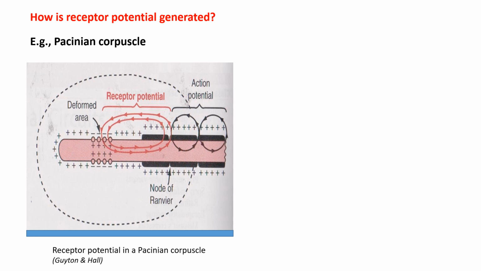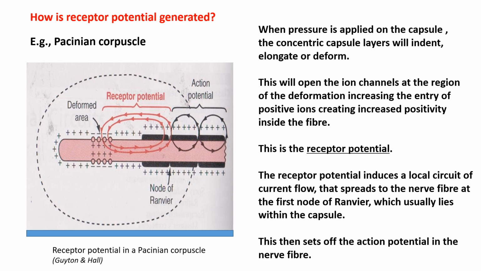You will see this in a lot of physiology textbooks, and I've taken this from Guyton. It very briefly explains what happens when pressure is applied. You have a capsule. This is actually placed in a capsule, that's why it's called a corpuscle. When pressure is applied to the capsule, inside this Pacinian corpuscle you have concentric capsule layers.